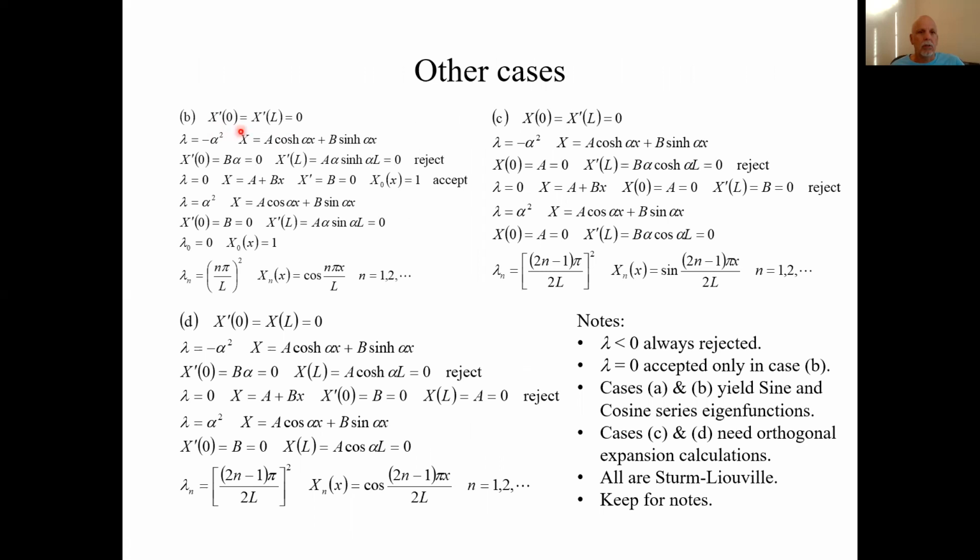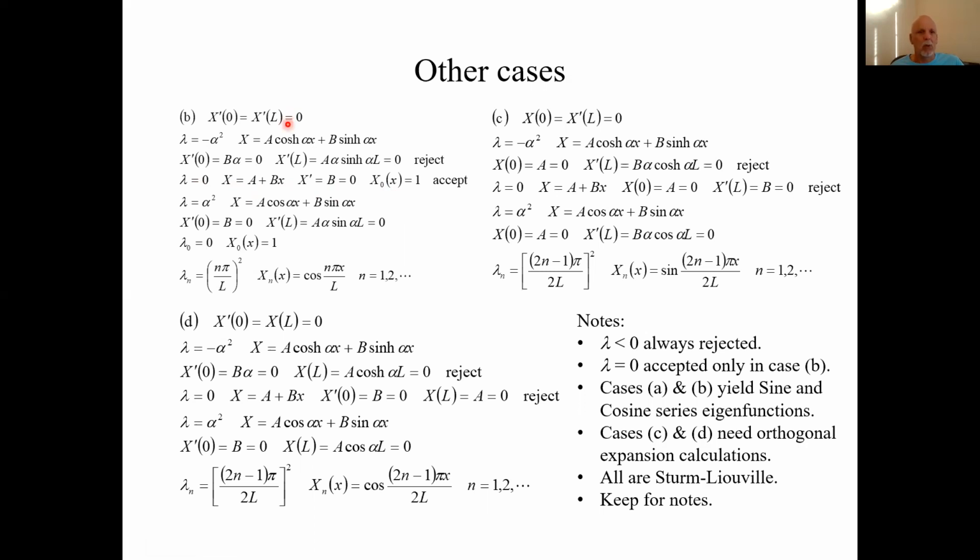If the derivative is 0 at both ends, you'll still reject the lambda less than 0 case, but you don't reject the lambda equals 0 case. When lambda equals 0, here's the general solution. Its derivative is just b, so that's 0 at both ends.